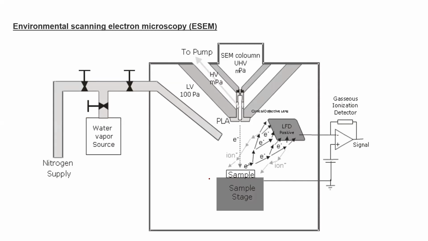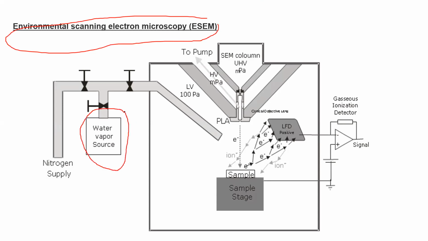If you see the environmental scanning electron microscope, only this will be extra when compared to the traditional SEM. That is, a water vapor source is extra. An environmental SEM, often called an eSEM, allows the operator to introduce a controllable amount of water vapor into the SEM vacuum chamber.